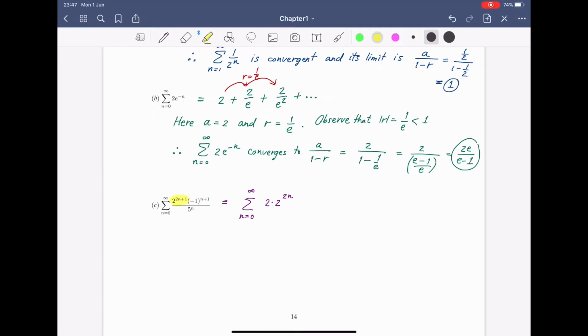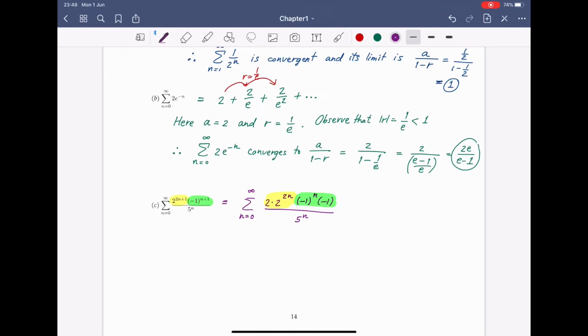Alright, so I just highlight it here so you don't get confused. And then the next thing is I'm going to move negative 1 to the n, plus negative 1 to the n, and negative 1. So this is what I just did. I just split it into 2 pieces, and on the denominator I have 5 to the n.